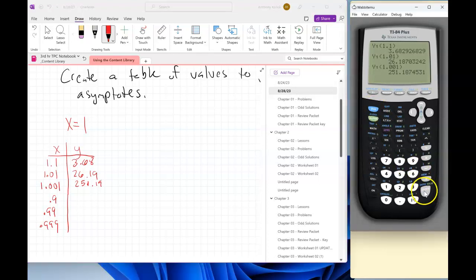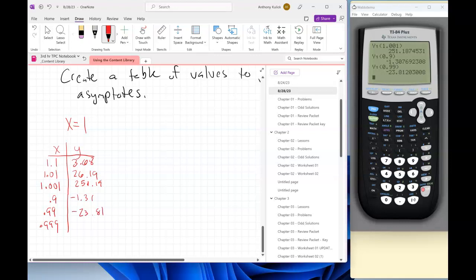And I'm just going to keep going, second and enter. And I'm going to change this to 0.9. And then 0.99. And then 0.999.